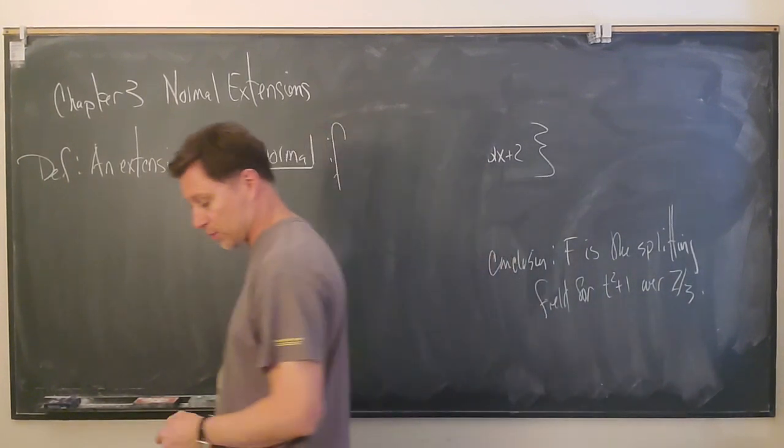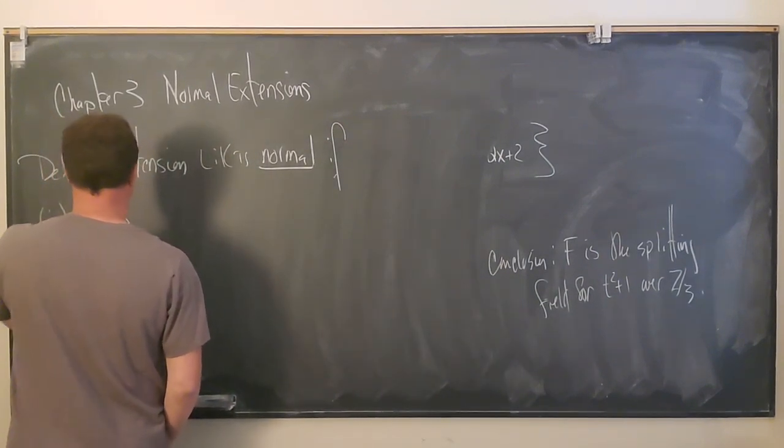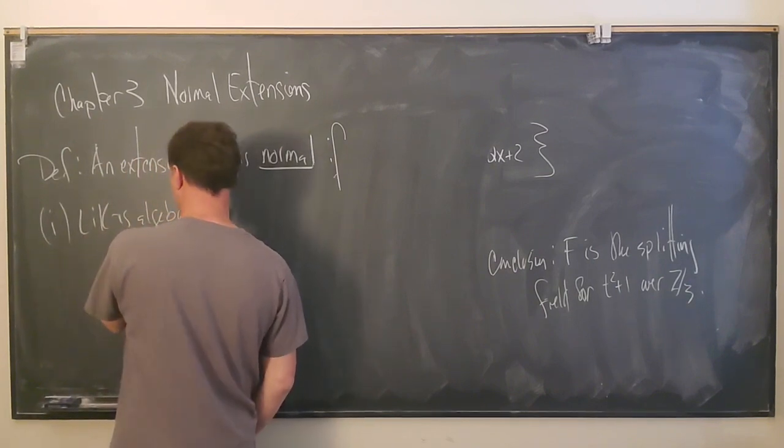First, it needs to be algebraic. So first thing, L over K is algebraic.